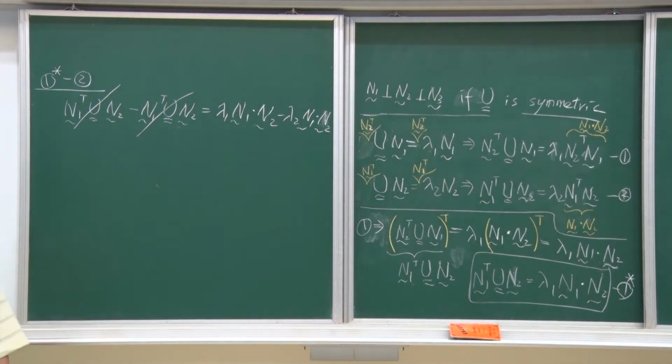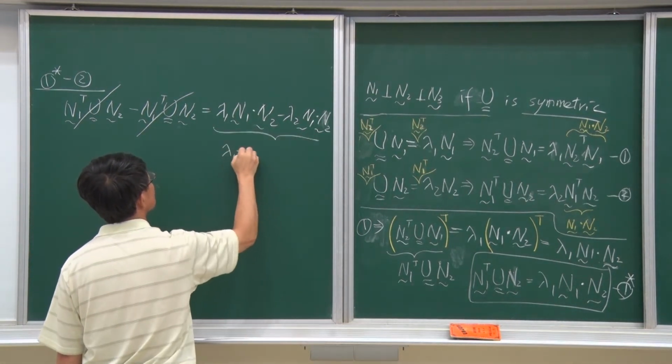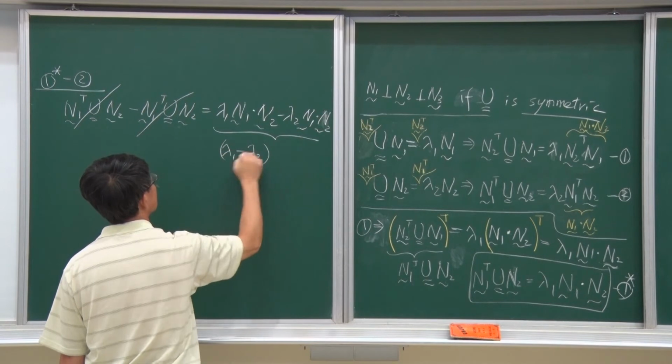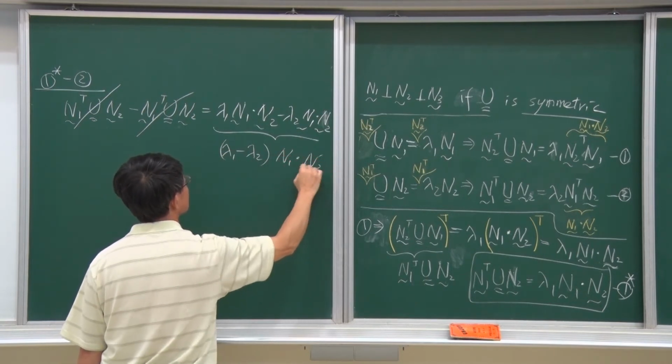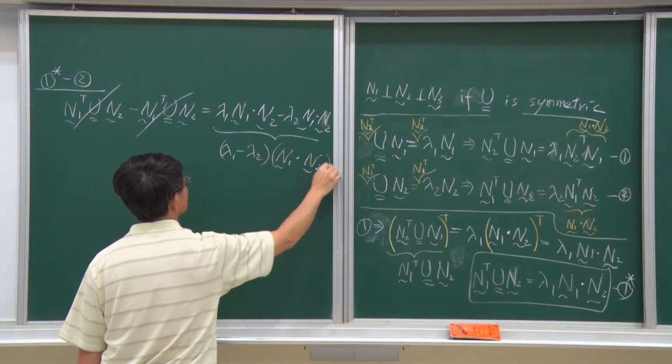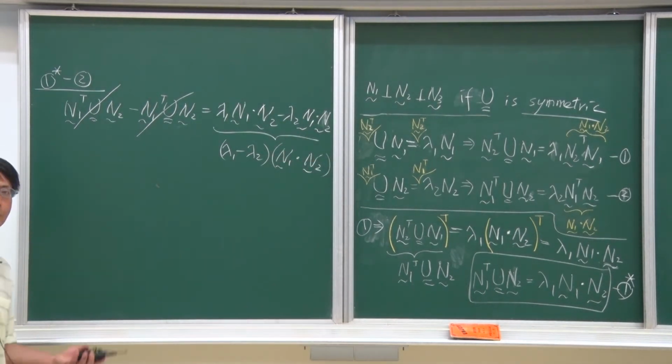OK. And also this term 对不对？这边可以整理成这样，we can correct terms at the right hand side to get this.